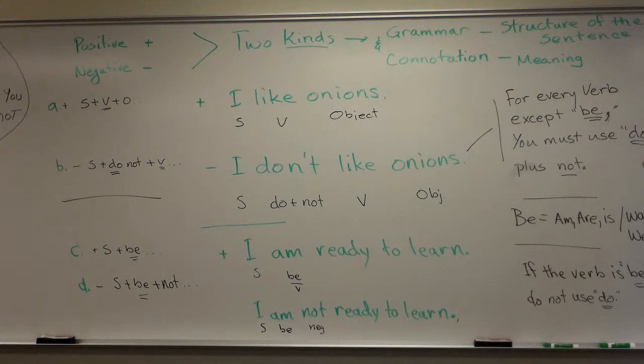So watch the nose, okay? I like onions. I don't like onions, okay? It's going to move up or down, positive or negative. The head will show positive or negative. So this is the grammar. Next we'll talk about the connotation.